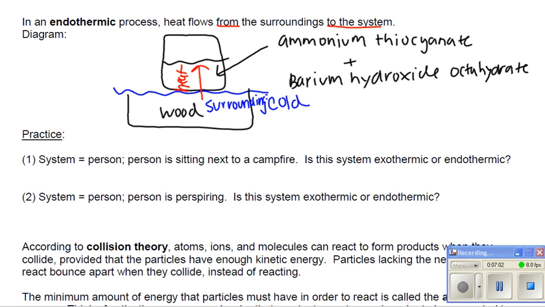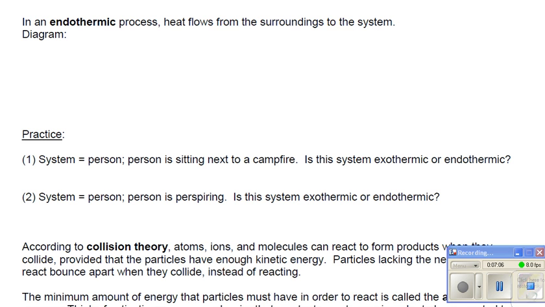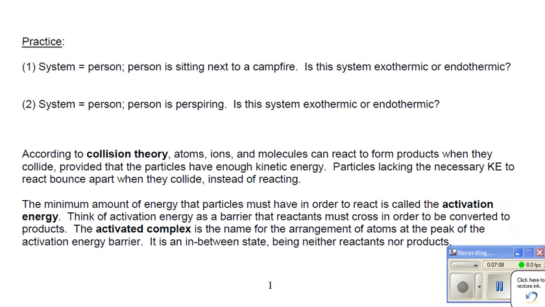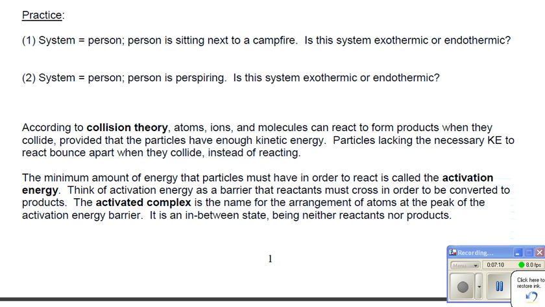Okay, so let's try a couple on your own. I have two examples here for practice. Number one says you have a person, and the person's the system. This person is sitting next to a campfire. Is the system exothermic or endothermic? The second scenario is you've got the system again being the person, and this time the person is perspiring, meaning they're sweating.